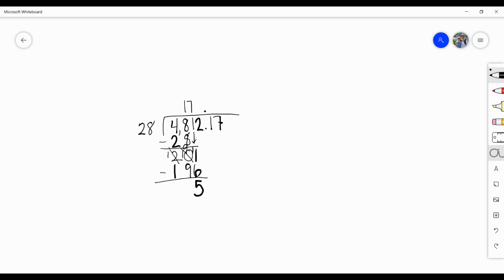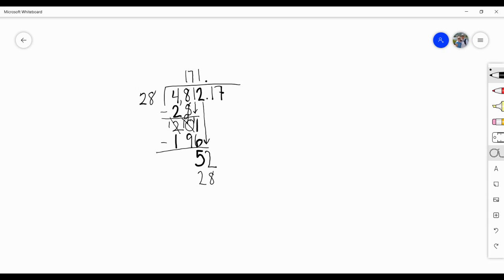The next thing I do is I have to bring down my next number. Now I see how many times that 28 can go into 52. It can only go one time, so I write it down. Now I multiply. 1 times 28 is 28, and I write down 28. Now my next step is to subtract.